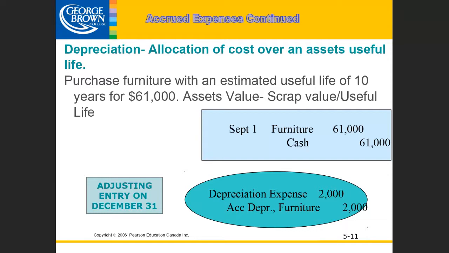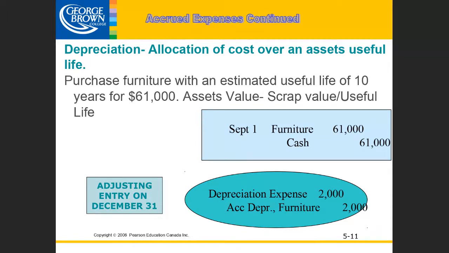And then depreciation, yay! Another accrued expense, but also a utilization of assets, technically. Depreciation is the allocation of cost over the course of an asset's useful life. So we're spreading out the cost of an asset over the course of however long it's going to be useful.